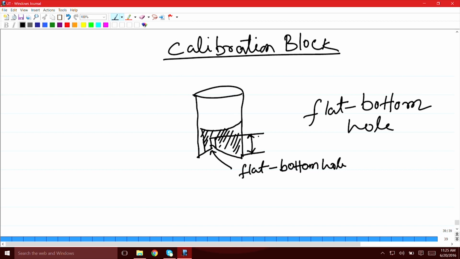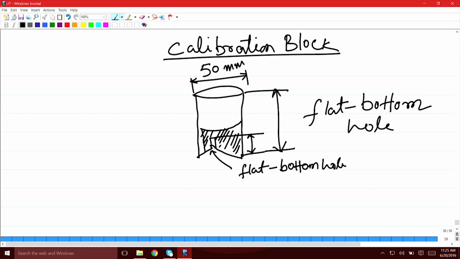So, this is the depth of the hole, and the cylinder also will have a particular height and a particular diameter. For example, in most of the cases a diameter of 50 mm is used.